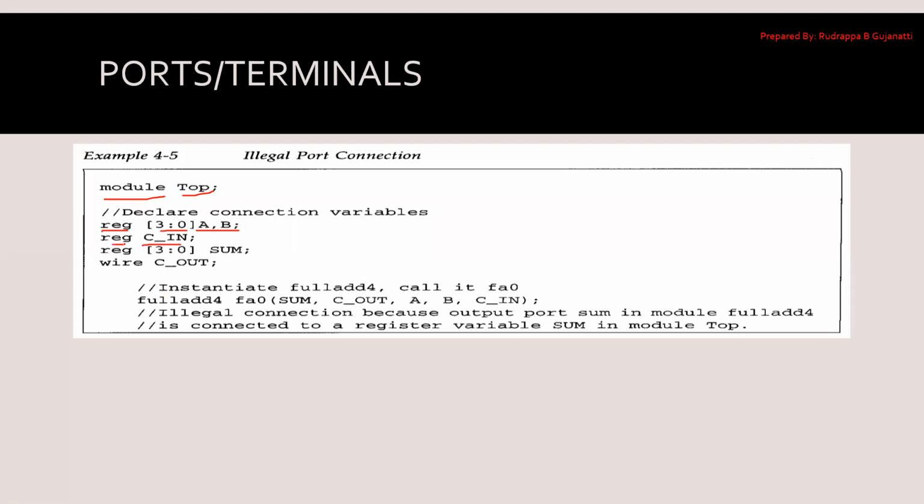CIN is also declared as a register data type, and this one is declared as a register data type, and wire, that is Cout. Now here we have the full adder instance in which all these things are given. It is called illegal because the output port sum, which is present in the full adder module, is connected to a register variable sum in the top module.